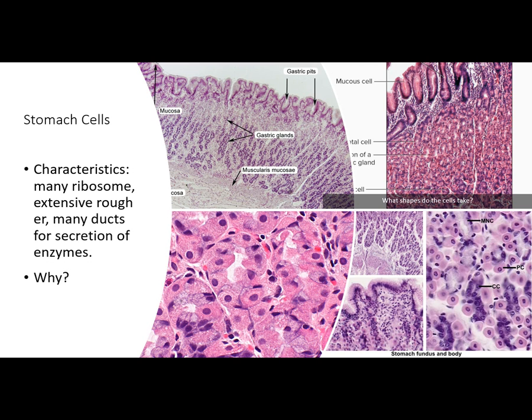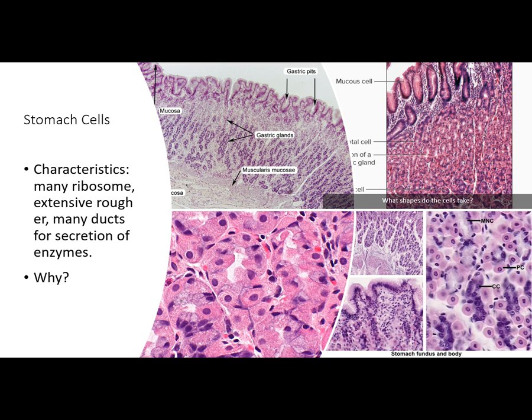So, if you think about the stomach, it needs to make a lot of proteins, because what is a protein? An enzyme is also a protein. And in your stomach acid, the stuff that breaks down your food in the stomach is enzymes.